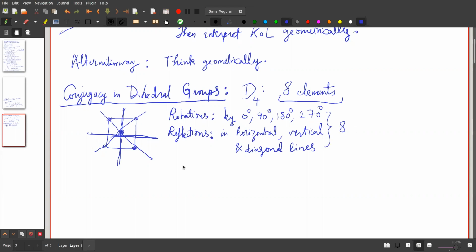Now let me tell you how the previous problem is useful. Suppose I take reflection in this diagonal, and then reflection in this diagonal, and multiply them. Let's call these K and L as in the previous problem. What is L first and then K?